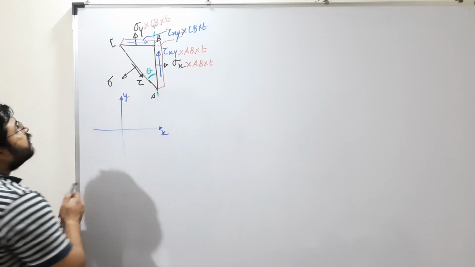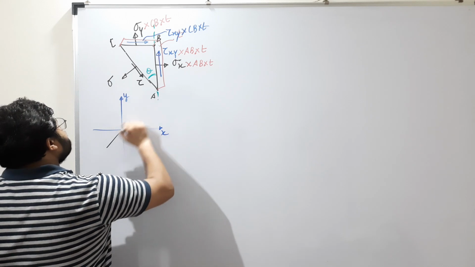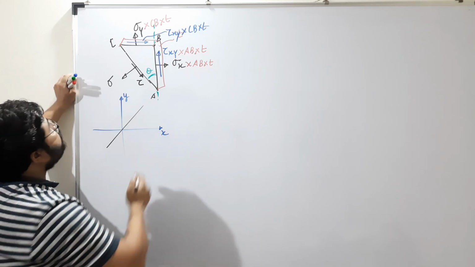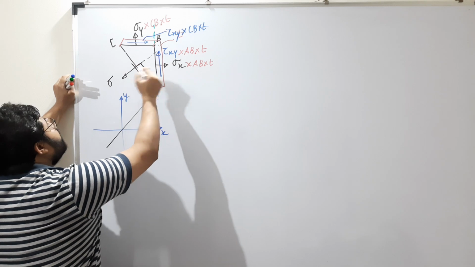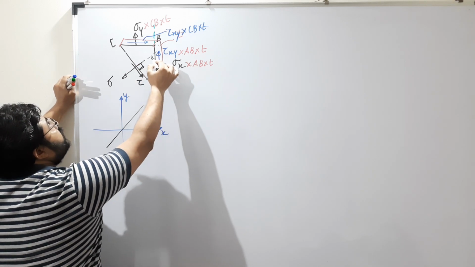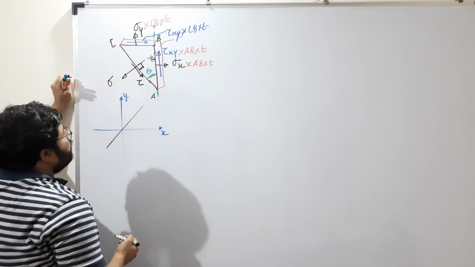So here let us take the sigma axis in this manner. Let us take this as your sigma axis. If this is the sigma axis, this angle will be 90 because sigma is perpendicular, right? If this is theta, so this must be 90 minus theta from the vertical.